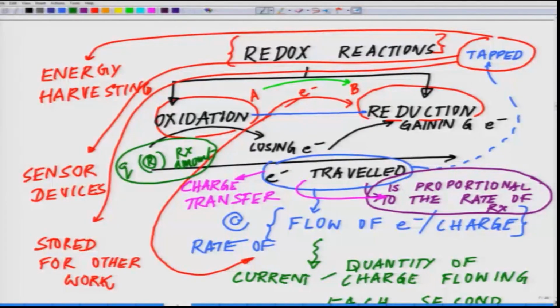Secondly, when there is a charge travelling, we are essentially talking about the flow of electrons, flow of charges. So, the flow of charges is also an indirect measure, or a direct measure rather, of the rate of the reaction. So, in other words, quantity of reaction and rate of reaction, that is what I mentioned.